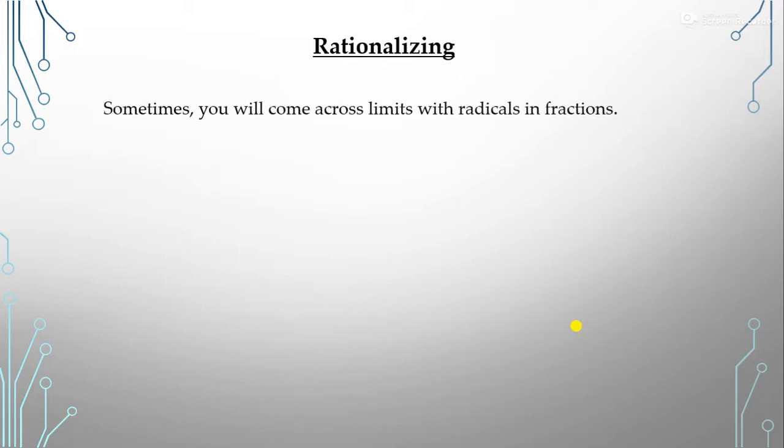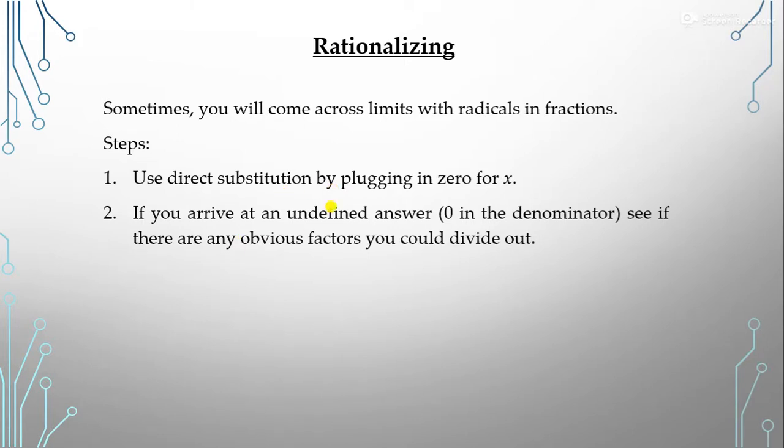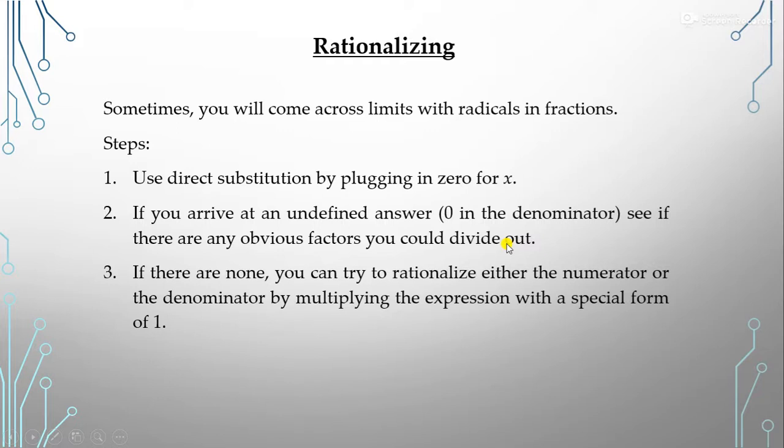Sometimes you will come across limits with radicals in fractions. The steps are like this: first of all, I told you that you have to use direct substitution. After that, if you arrive at an undefined answer, it means that you have the indeterminate form, and your function is like that, you can't factorize it.